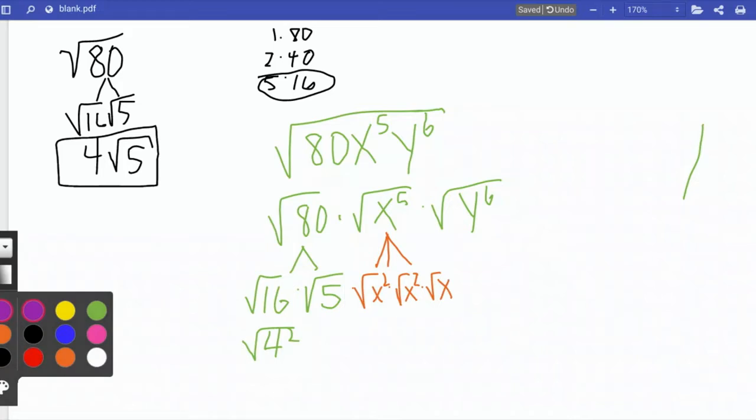And y to the 6th is the square root of y squared times the square root of y squared times the square root of y squared, because 2 plus 2 plus 2 is 6. Over here with the x's, we have 2 plus 2 plus 1. Now we said 4 squared times this, taking the square root of 4 squared is 4. So this becomes 4 square roots of 5.